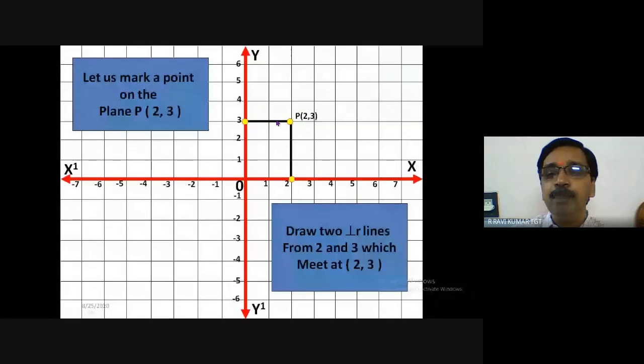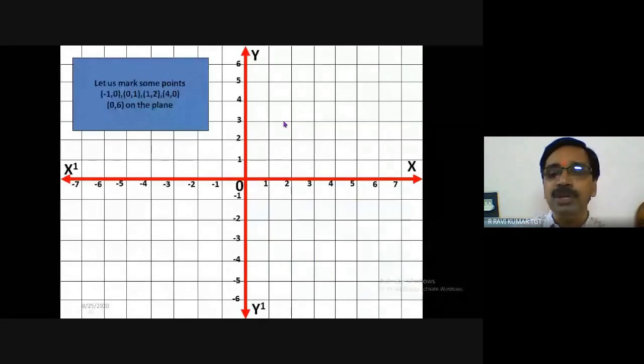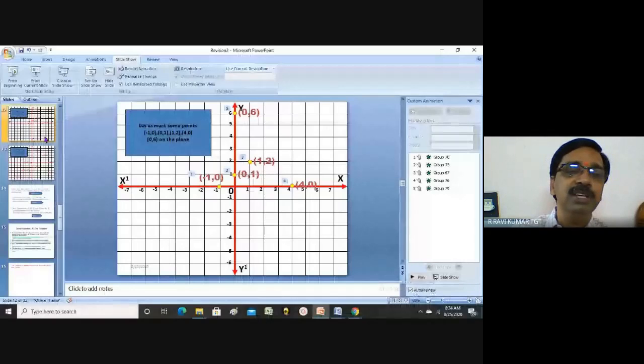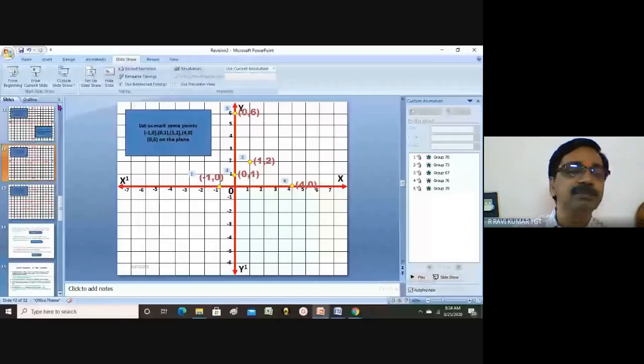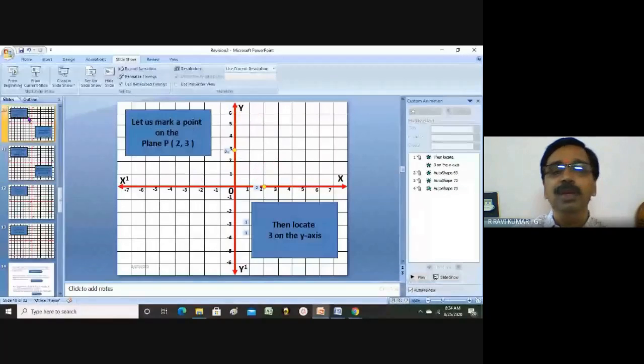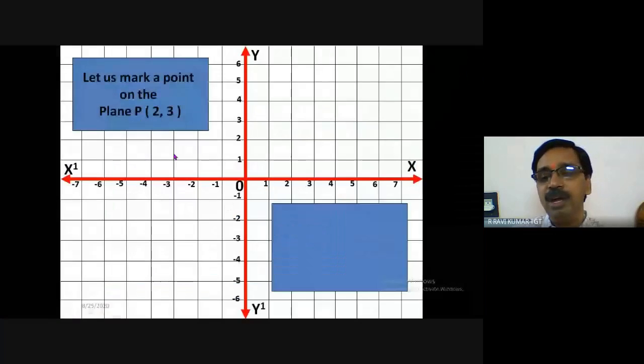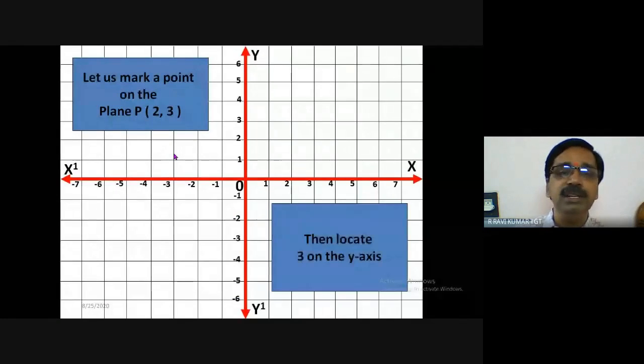The perpendicular distance from the x-axis is the y-coordinate. This is coming a little quickly, so we go back and check this again. The perpendicular distance from the y-axis is the x-coordinate, 2. From the x-axis it is 3.